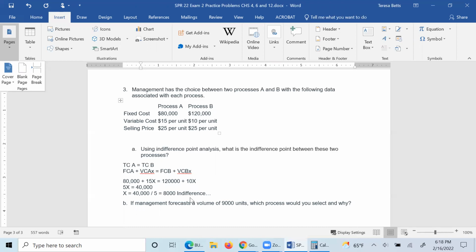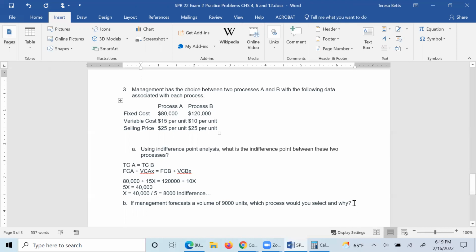So we're going to select process B, because anytime my forecast is above this indifference point, I'm going to be better off spending more capital up front and having the lower variable costs. If my forecast were below the indifference point, I would pick the lower fixed cost process, right? Because I'm not going to have enough volume to justify that capital investment.